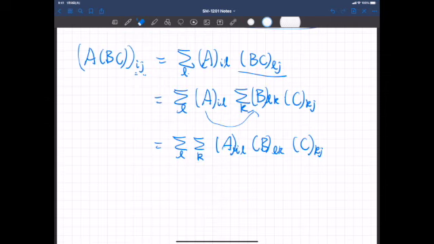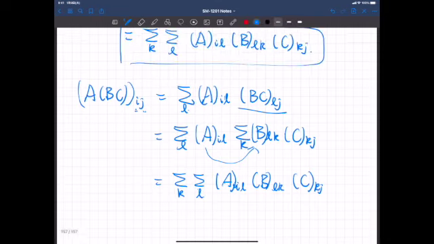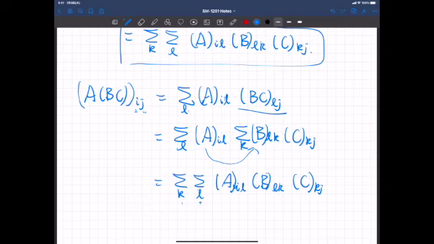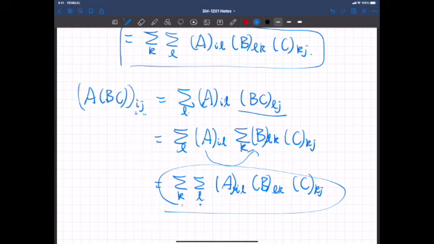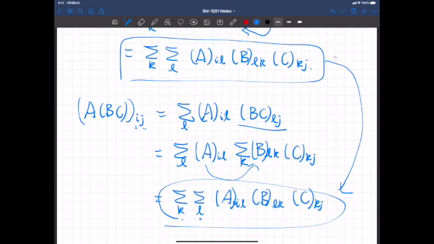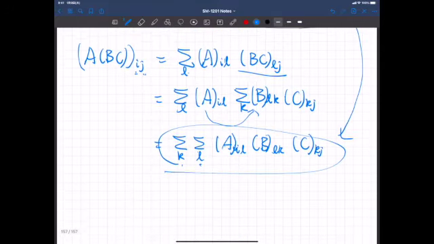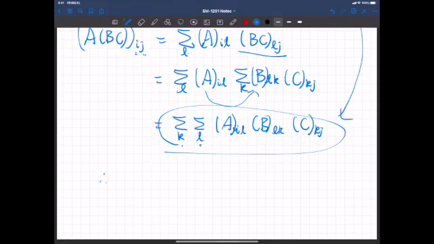The order of summation doesn't matter, so we can change the order: first sum over l, then sum over k. It's the same thing. So compare these two results, and they are exactly the same. Therefore, we have the associative law.